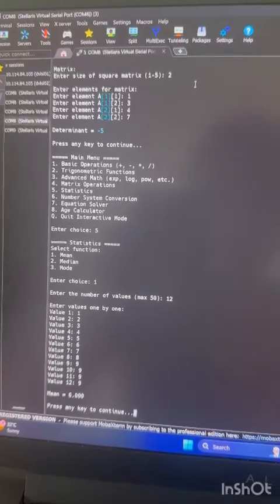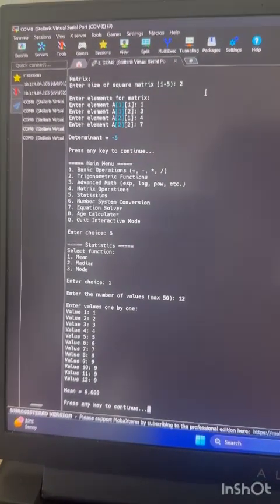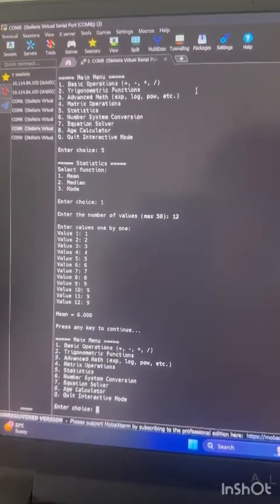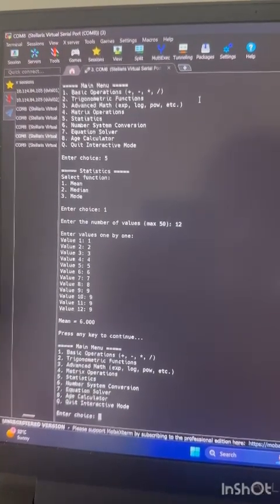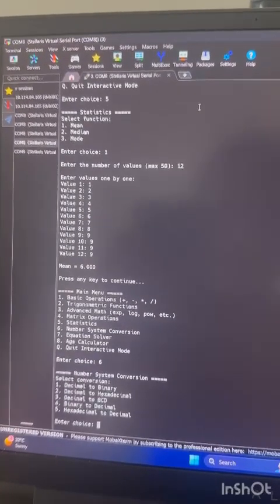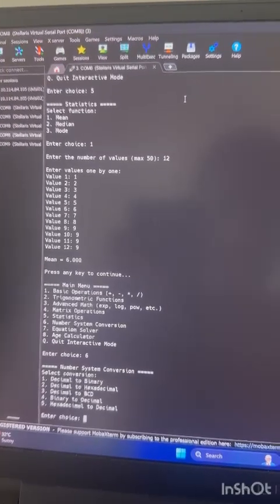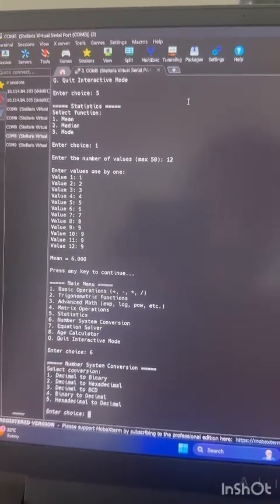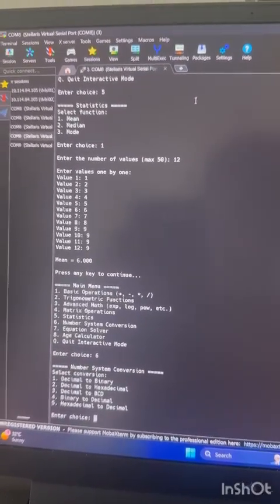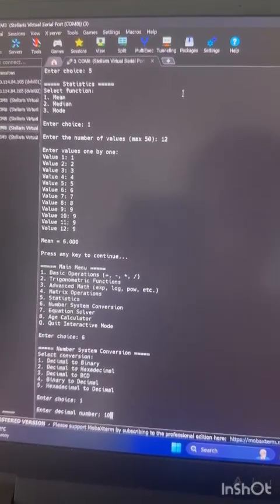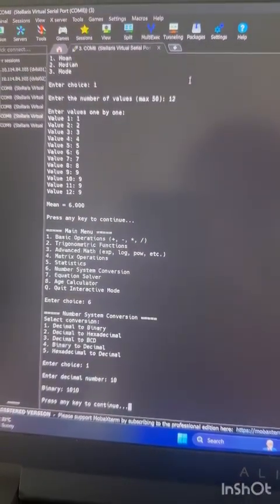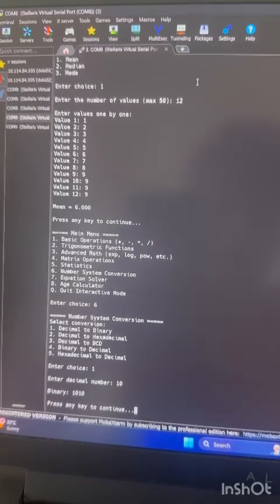The mean calculated will be 6. Next operation is number system conversion. We will give an example like converting decimal 10 to binary, and as you can see it gives 1010.